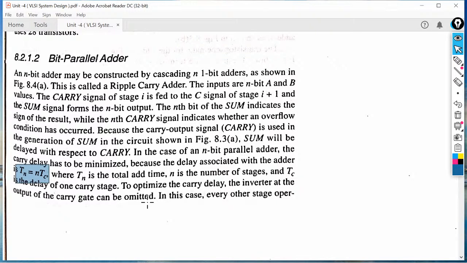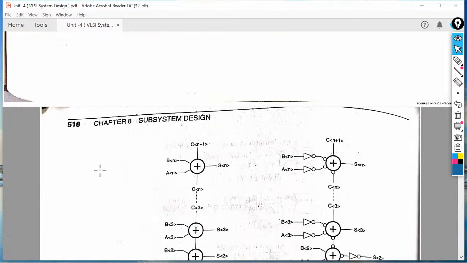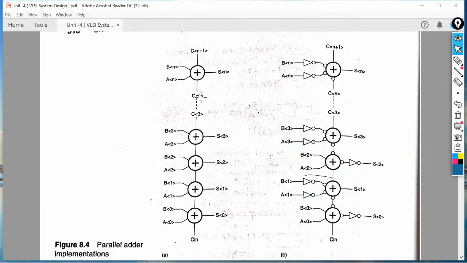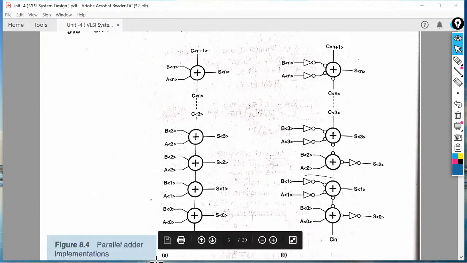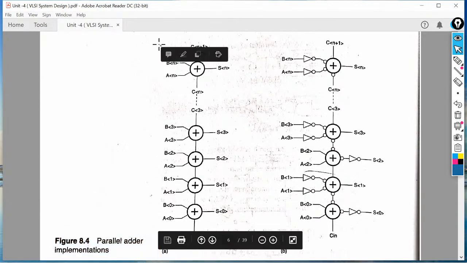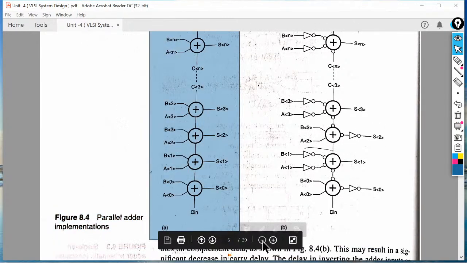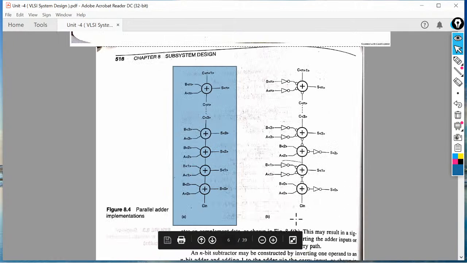Look ahead carry method is also used for the addition purpose, but it provides a faster adding operation as compared to this parallel adding operation. Okay, here the circuit that represents the parallel adder operation is represented.